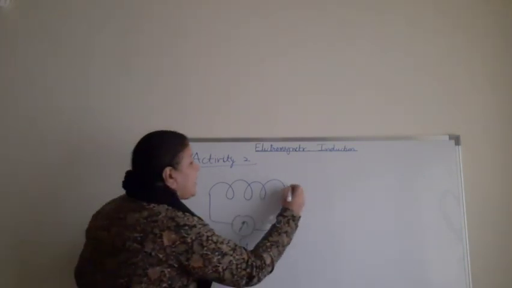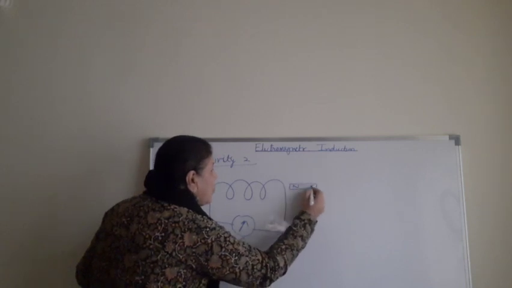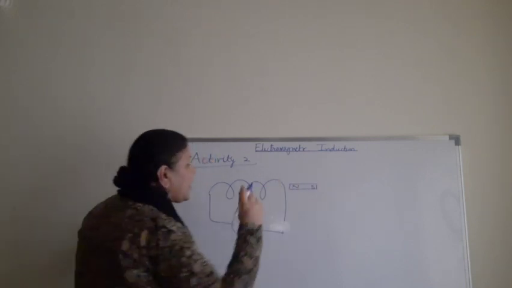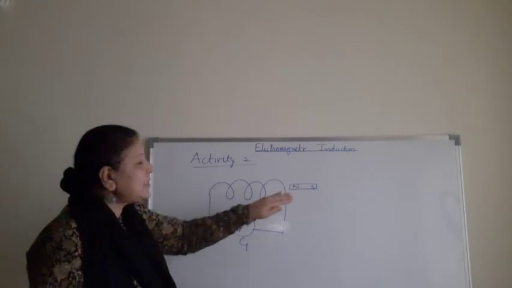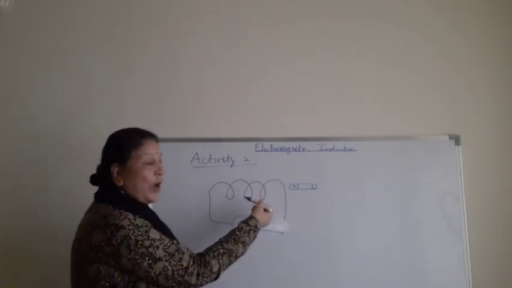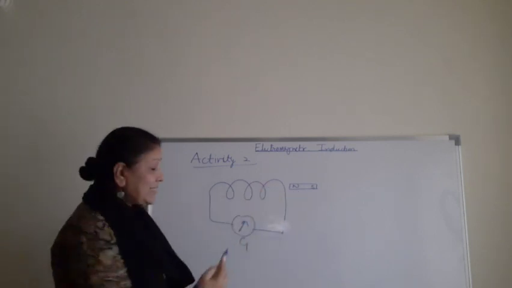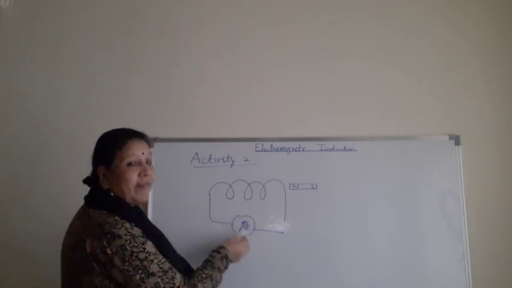Here I will be taking one bar magnet. Say this is north and this is south of the bar magnet. What I'm going to do is insert one end of the bar magnet inside the coil. I see that the galvanometer deflects to one side.